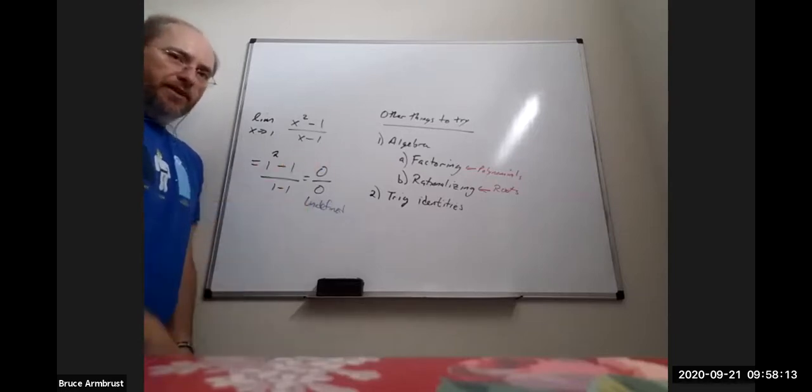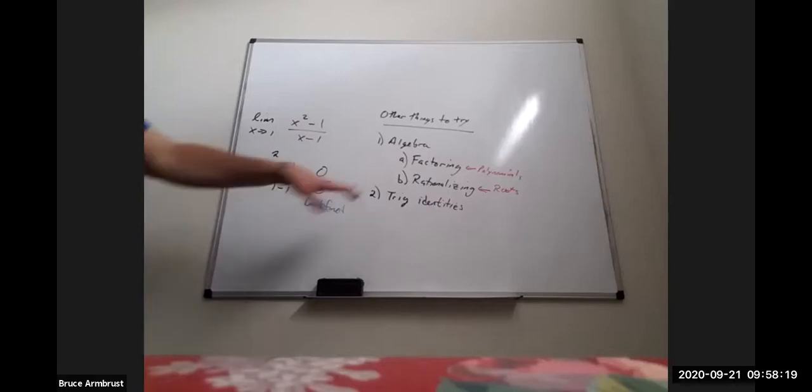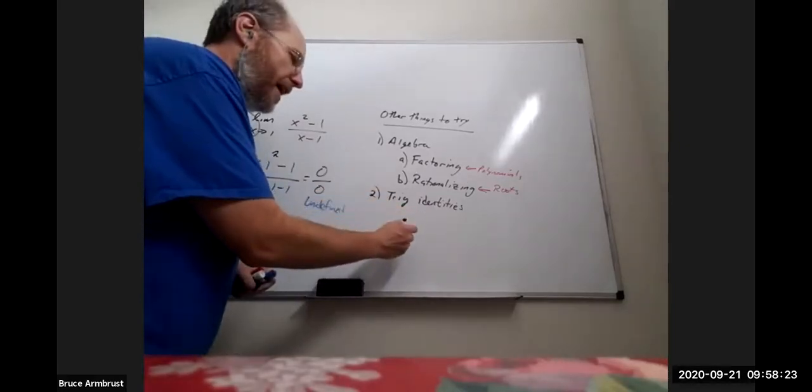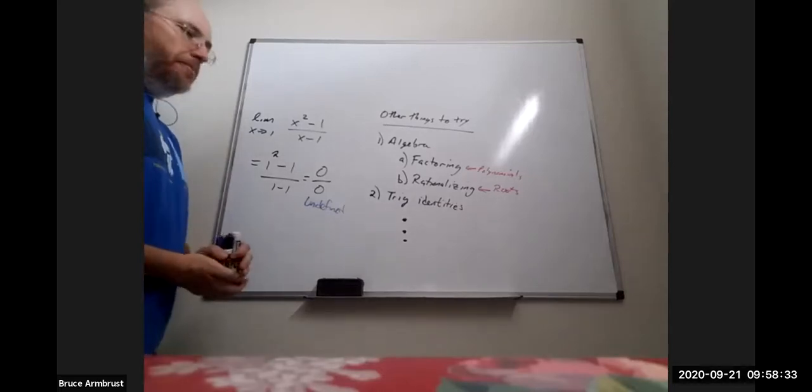So I'll show you at least one example of each one of these, just so you can see how they play out. All right, now other things to try. Again, I'm going to put an ellipsis, because there will be more. There are other things that we can try, but those will come as we go.